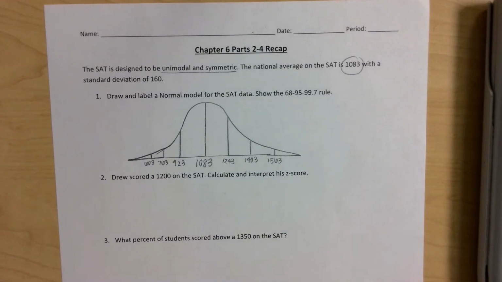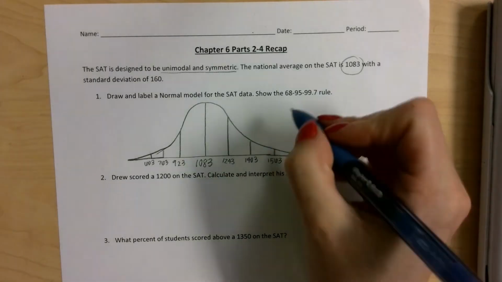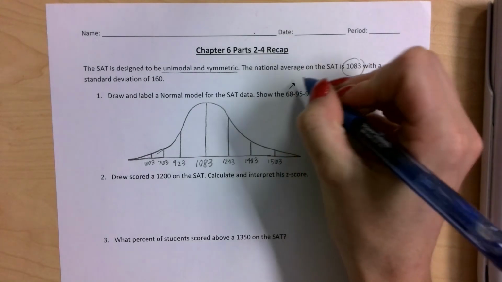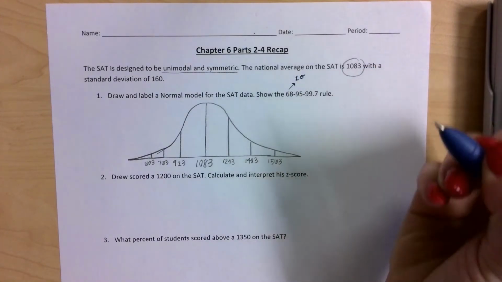Okay, from here we want to label that 68, 95, 99.7 rule. I'm going to use different colors for each of these. So we know based on this rule that 68% of my data is within 1 standard deviation.